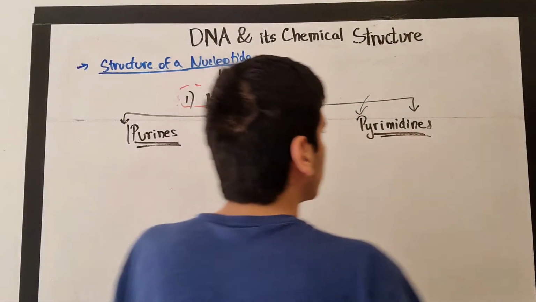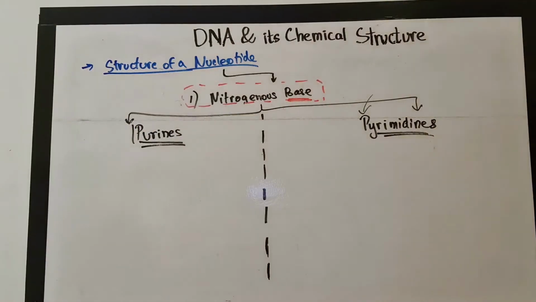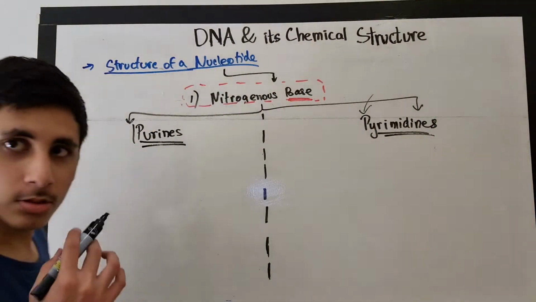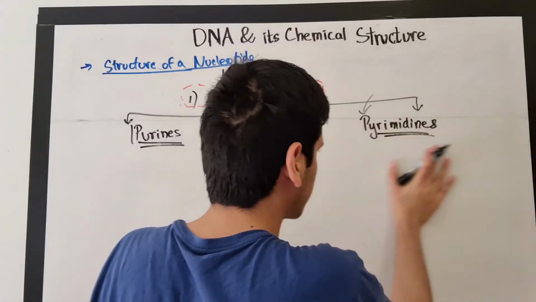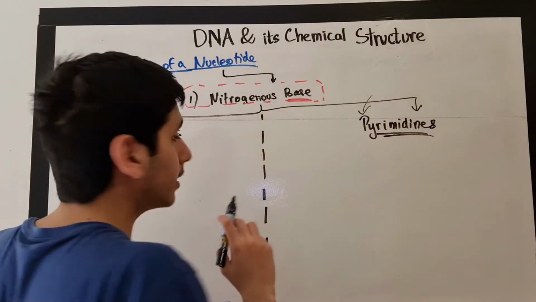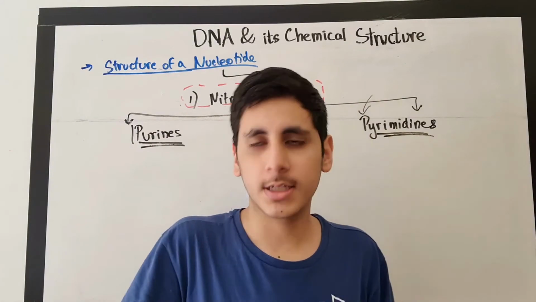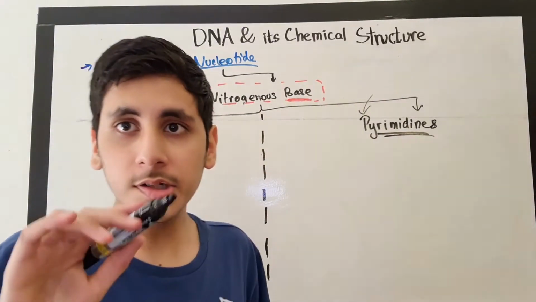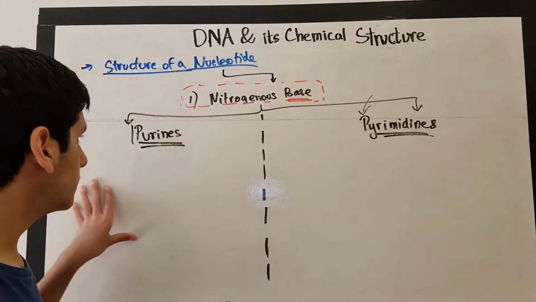So we have now purines and pyrimidines, and now let's try to understand their chemical structure. We'll be drawing those carbon ring compounds for both.